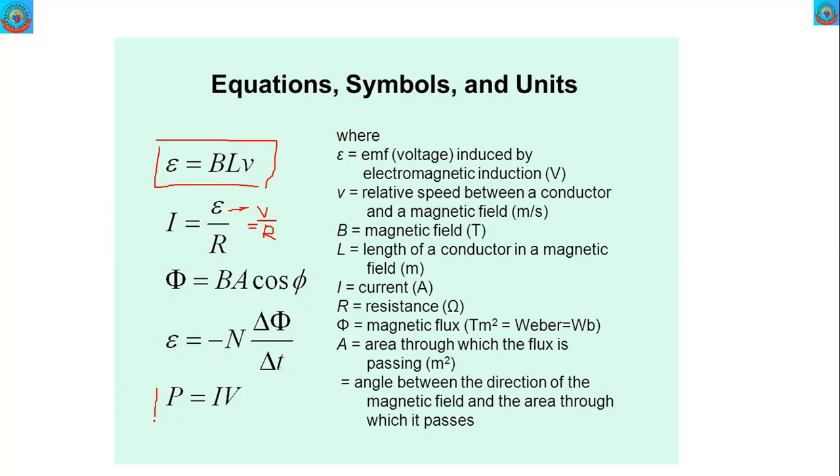This is the general formula. Power in watts is equal to current times voltage, or power is equal to current squared times resistance. So this is also power.